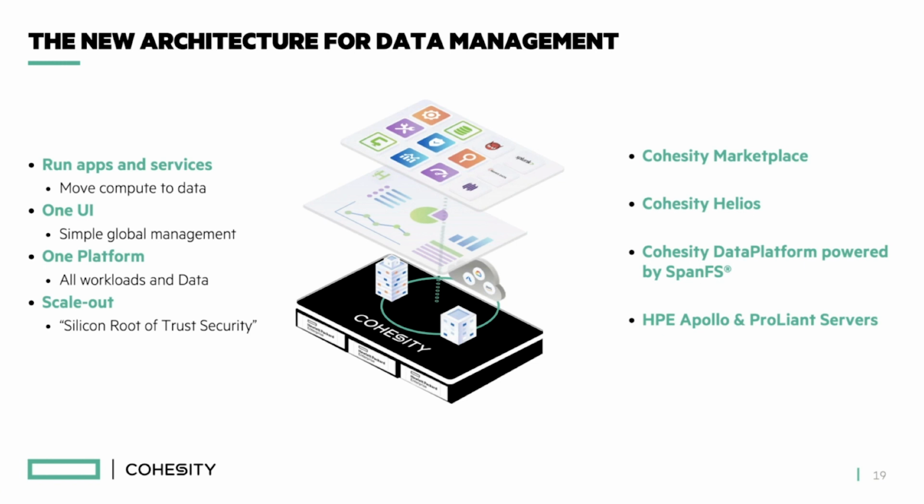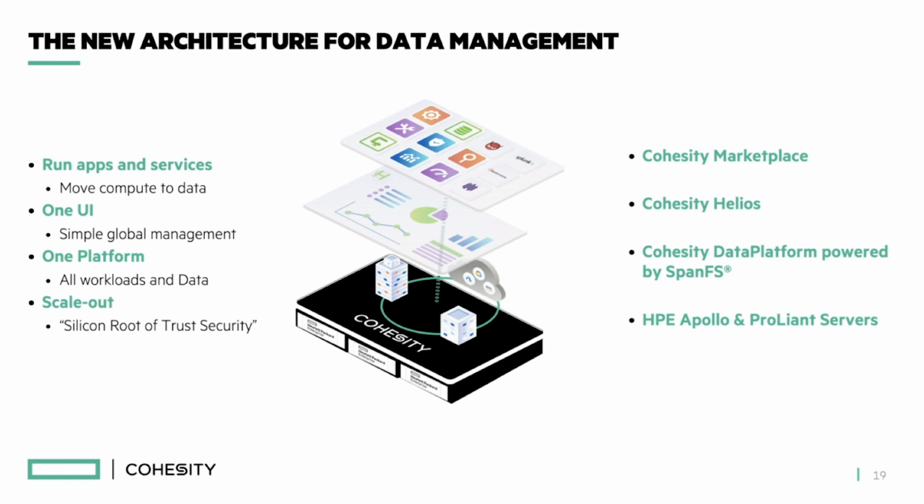And lastly, just like Google added value-added services and apps like Gmail and Google Maps and so on, Cohesity helps you run apps and services on the same platform where your data resides through the Cohesity marketplace, which has both Cohesity and third-party applications.